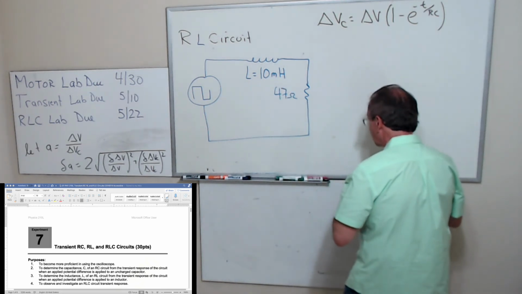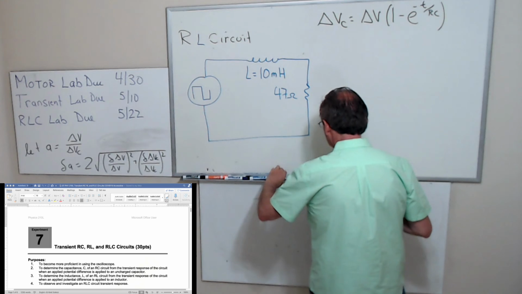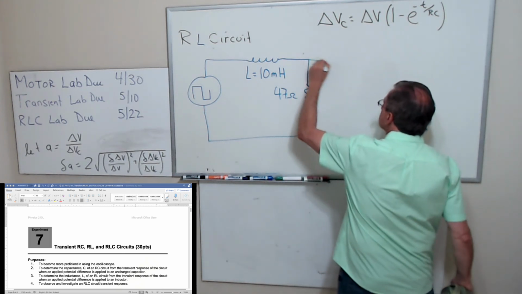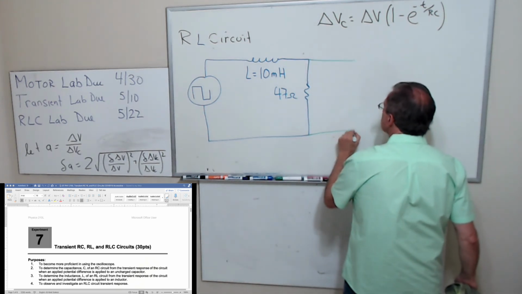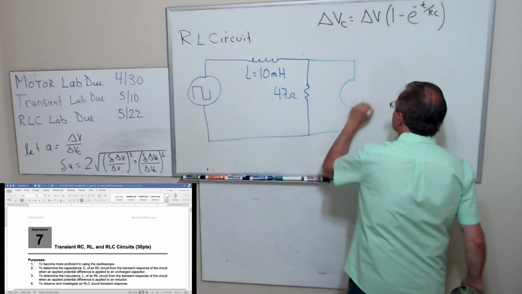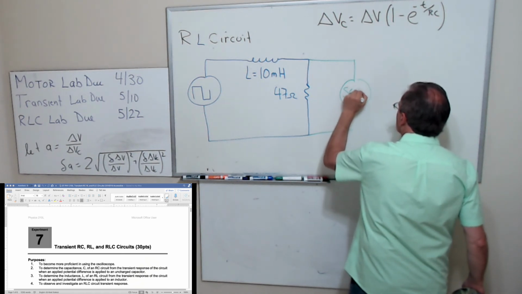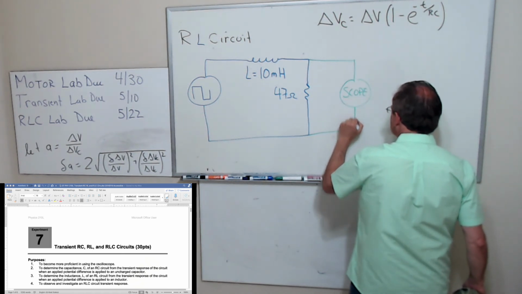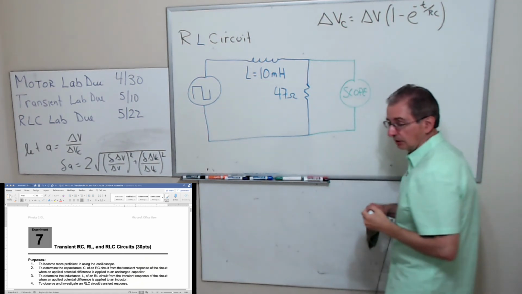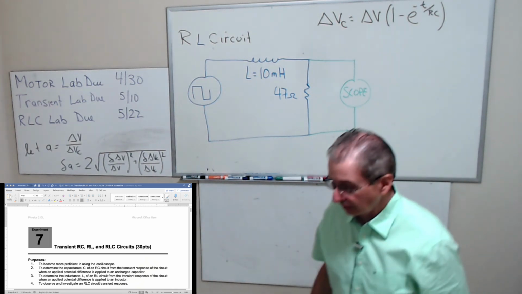And you're going to measure the voltage across the resistor. And you might say, how come we're doing the resistor this time and not the inductor? And the reason why is because it's actually easier to observe the signal. I'm trying to make it easier for you guys.